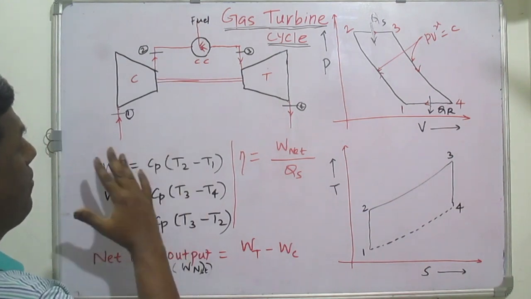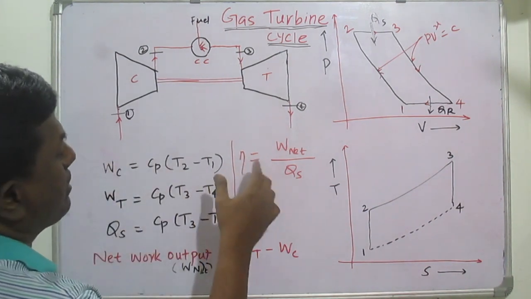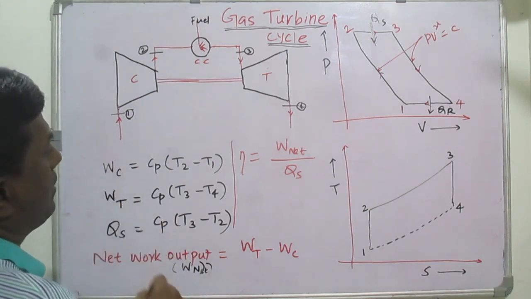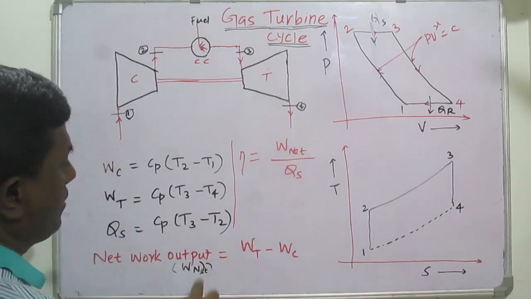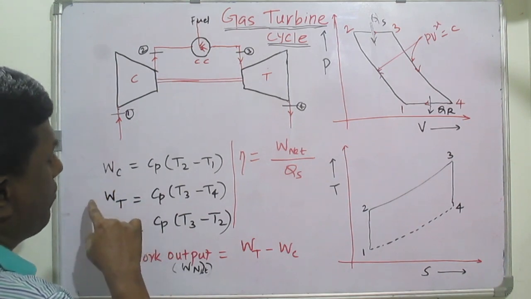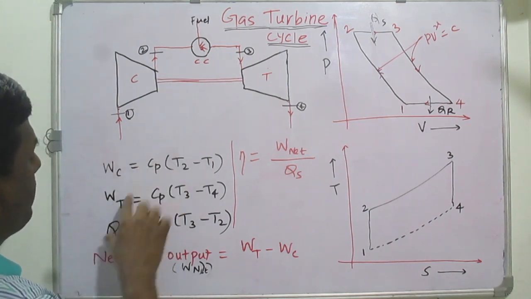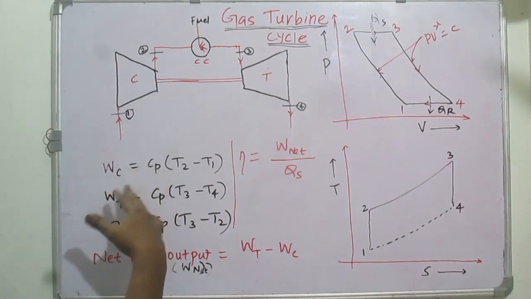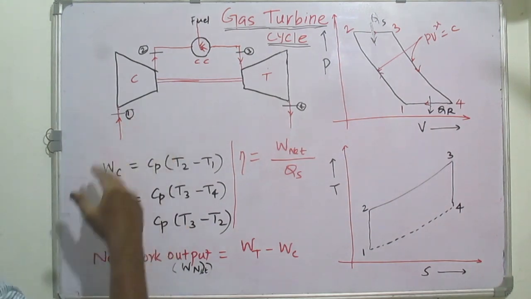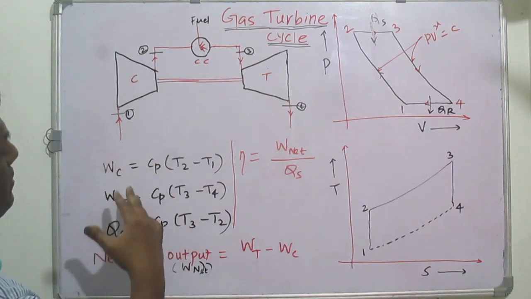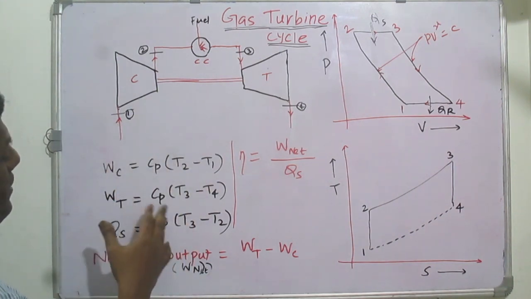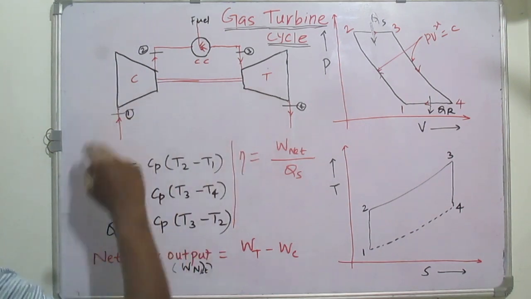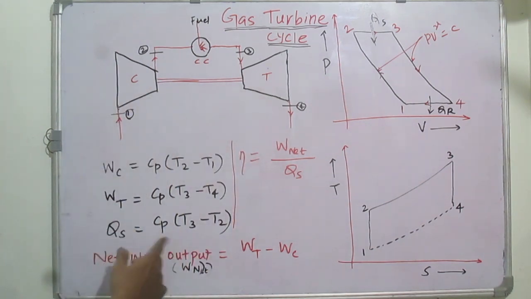Now let us derive the expression for the gas turbine cycle efficiency by using the turbine work and compressor work. I hope these equations are clear, that is, how we write the enthalpy changes. Based on the enthalpy change we write the equations of the turbine work and compressor work, and also the heat supplied.